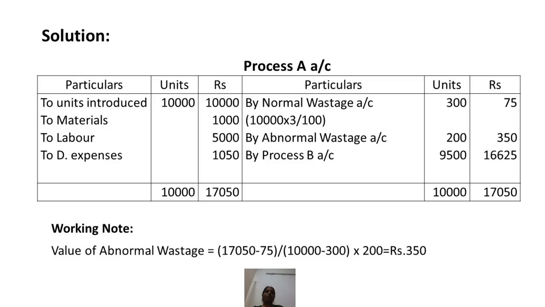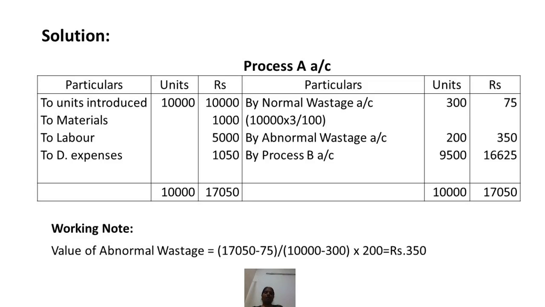Here we have the normal wastage, but we have to calculate the abnormal wastage. So the value of abnormal wastage is the total on the debit side, 17,050, minus the first item written on the credit side, the normal wastage 75, which we have to deduct.